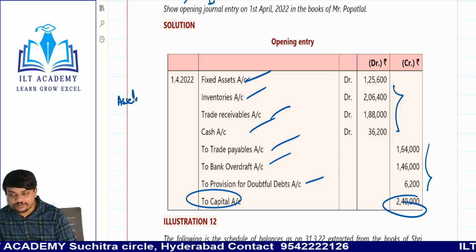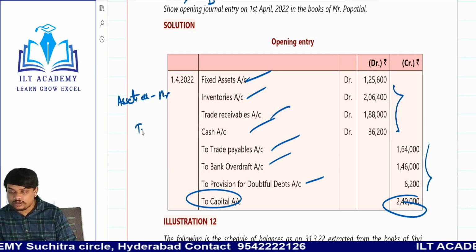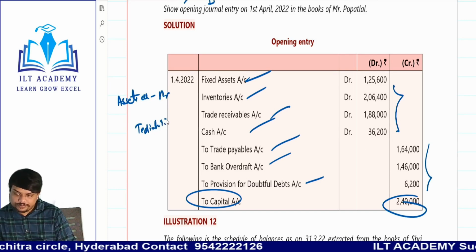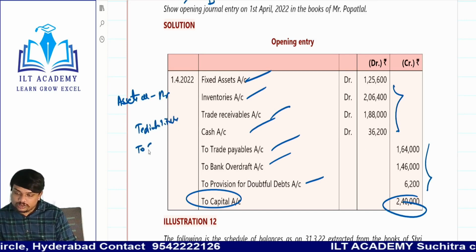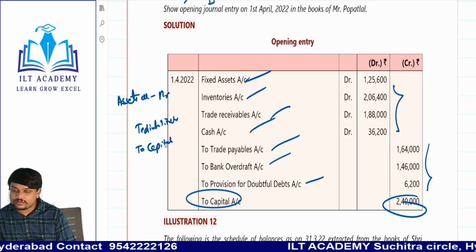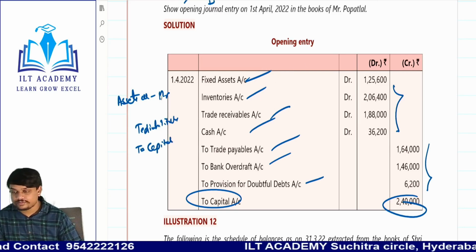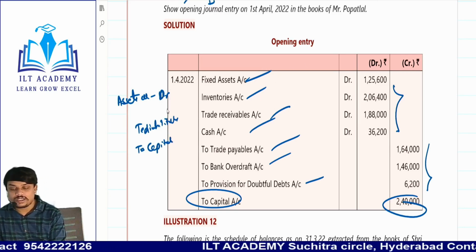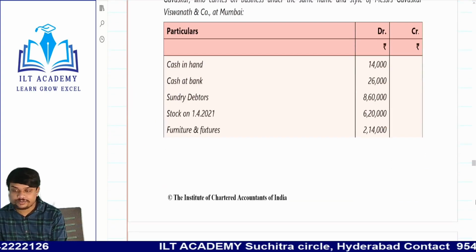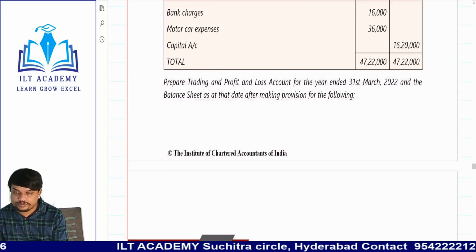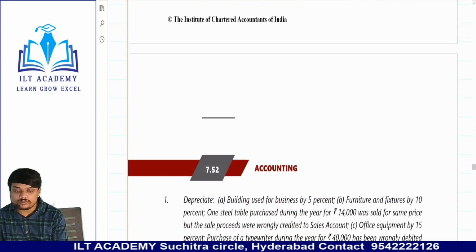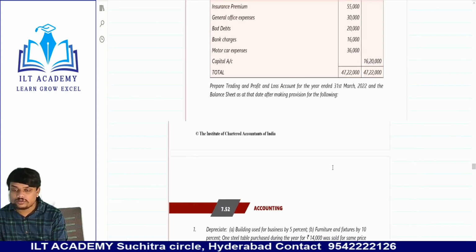Assets account debit to liabilities to capital. Got it? Did not understand? Now look at illustration number 2. Good question.